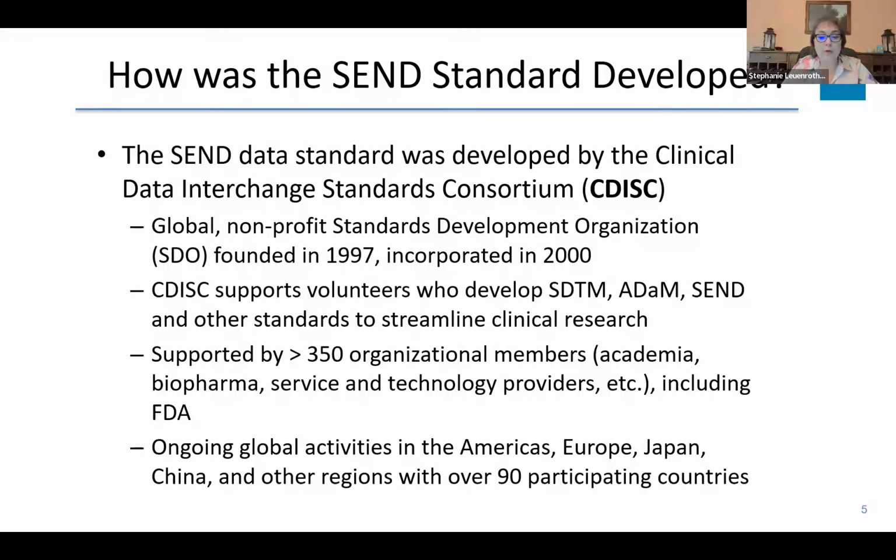They are supported by more than 350 organizational members, spanning from academia to industry to even regulatory agencies, including FDA. And I know that there is current ongoing work for global activity, whether that's with Japan or Europe. So hopefully data standards will be expanding across the globe.